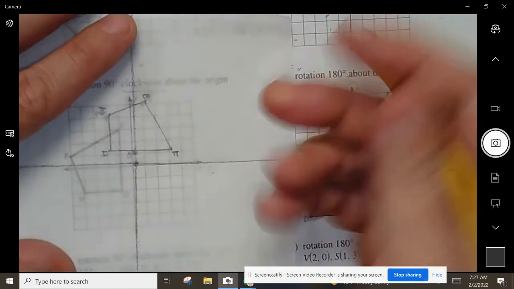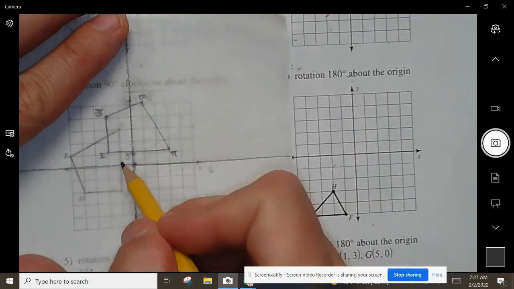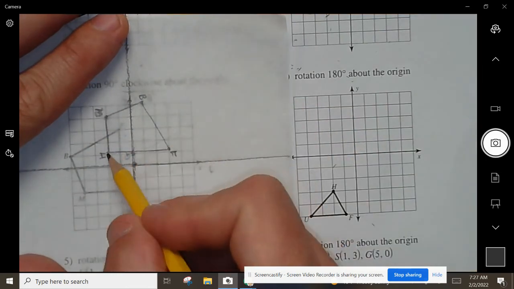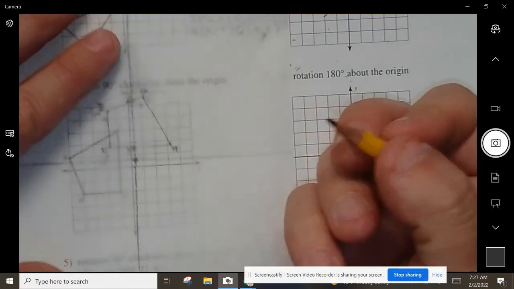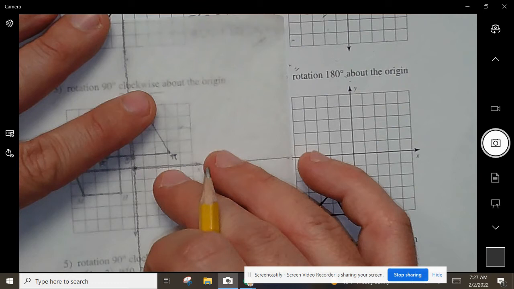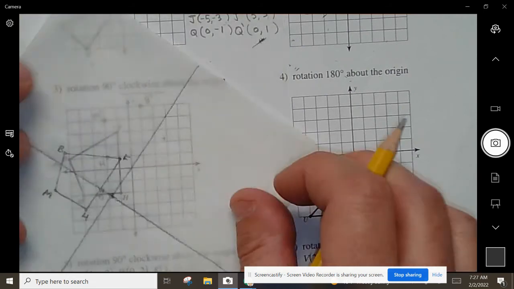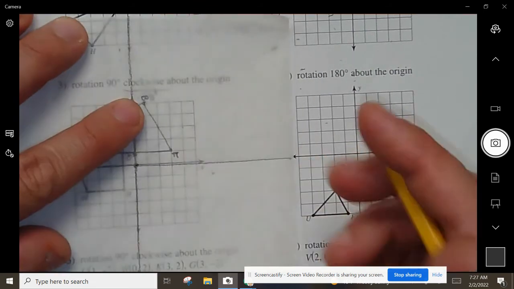All right, what about, is that H? H is -2, +1. And then what's the last one? Is that one, what was that one? F. I couldn't figure out that letter. Sometimes you're going to need to look at it again. That's F. All right.